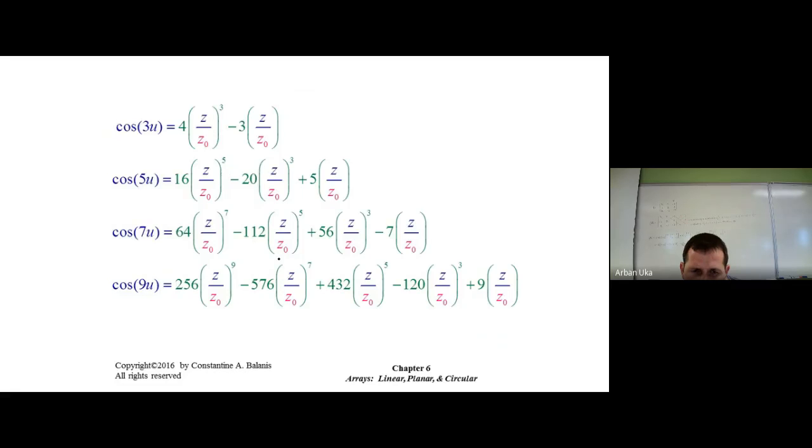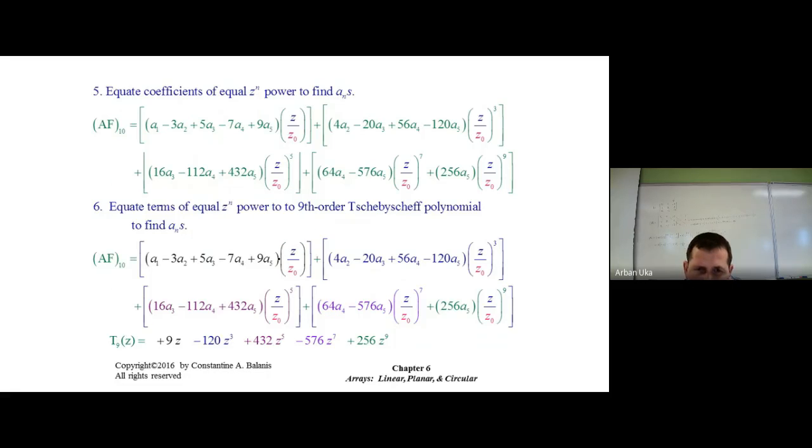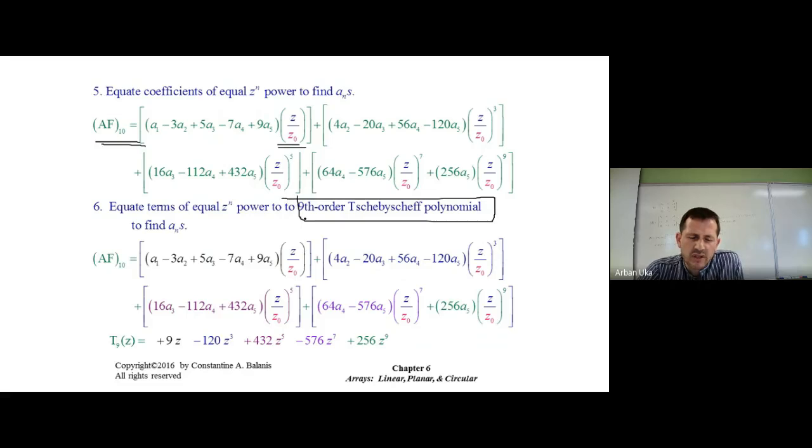That's how they look. Then we add these terms up together. All we have to do is equate this side of the array factor with the 9th order Chebyshev polynomial. It's something that I have said at least 2 times so far. Then when we get these terms, so this is z.